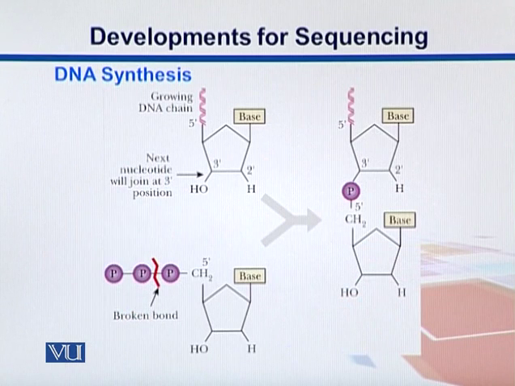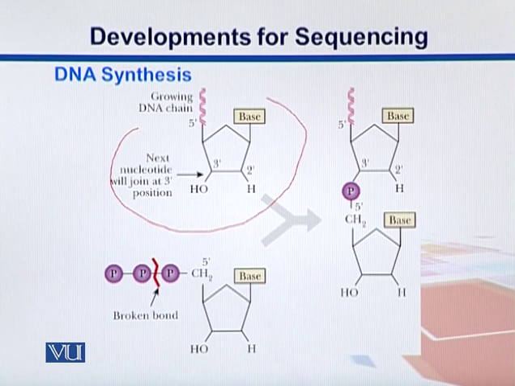Let's see how nucleotides are added into a growing chain of DNA during replication. We see in this diagram the terminal, or last, nucleotide which is part of this growing chain. We see the 5-carbon sugar in the middle, on position number 1 of which the base attaches right here.